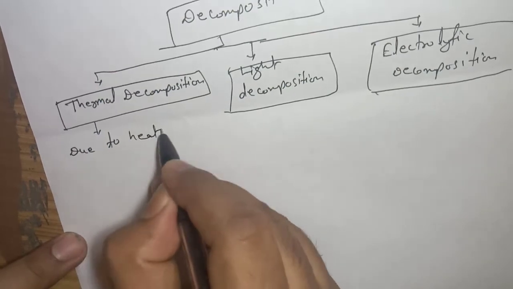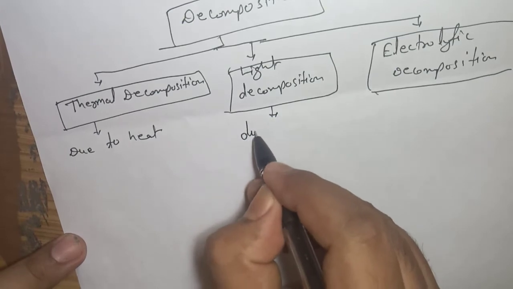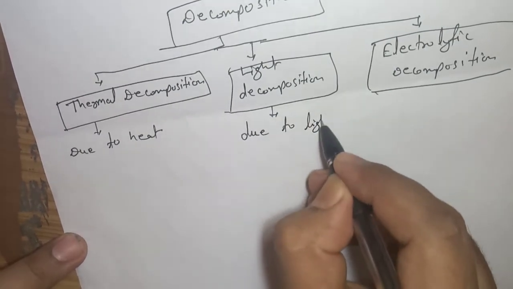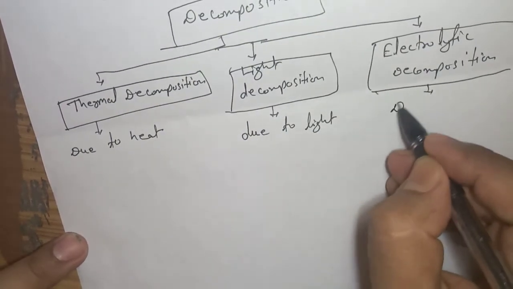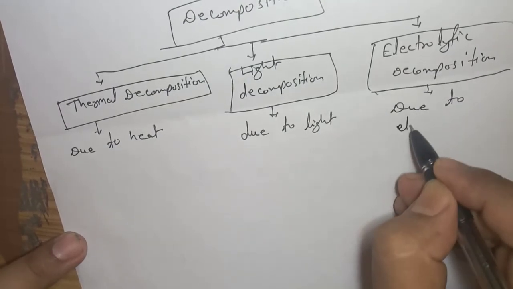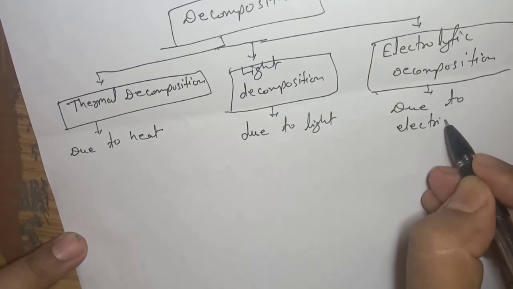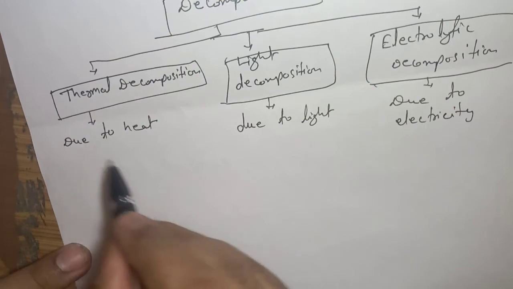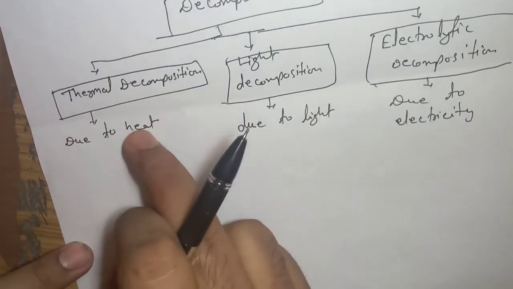Light decomposition is due to light, and electrolytic decomposition is due to electricity. So what we have observed here is that the source is different.